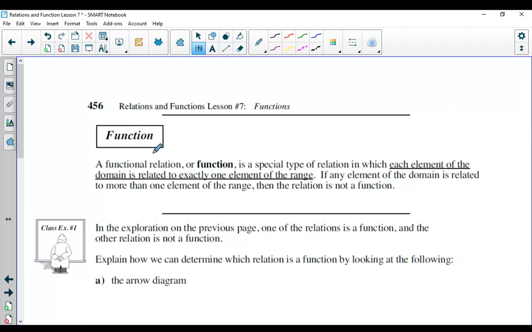If any element of the domain is related to more than one element of the range, then the relationship is not a function. Okay, so let's go back to the previous page and identify which of those two relations is a function and which of them is not.